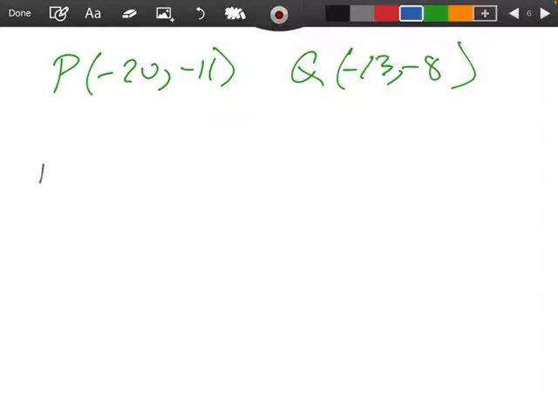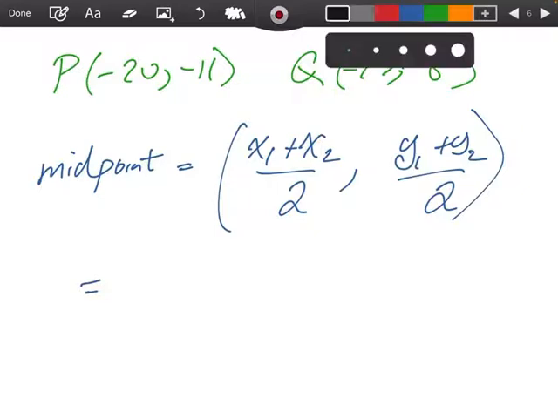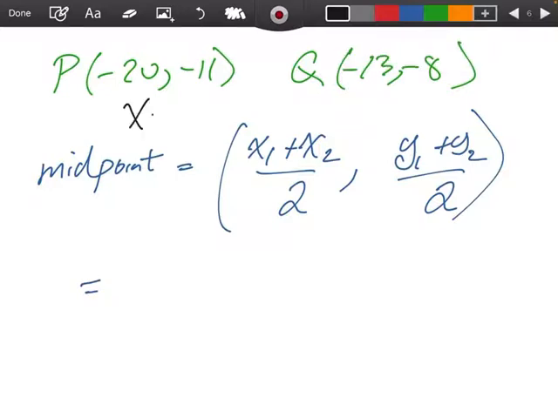Okay. So now, when I'm going to find my midpoint, I'm going to use my midpoint formula. It is x1 plus x2 divided by 2, and then y1 plus y2 all divided by 2. Okay, so just like we did before, y'all, this is my x1, and that's my y1, and that's my x2, and that's my y2.